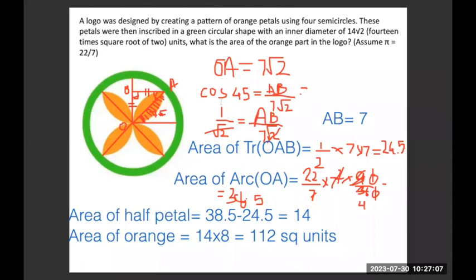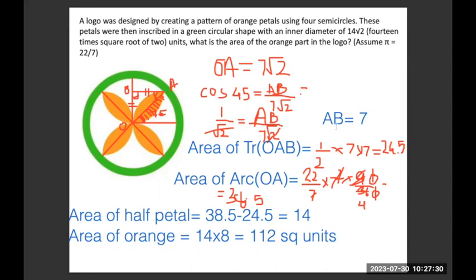In order to find the area enclosed by the arc OA, I need to find its radius, which is OB or AB. So for that, I will first say, okay, what is cos 45? From cos 45 I will find AB or OA's value, which is 7.